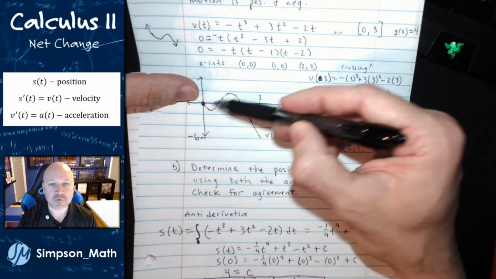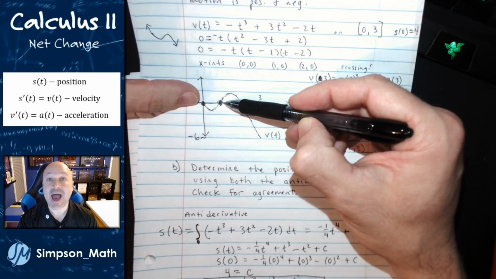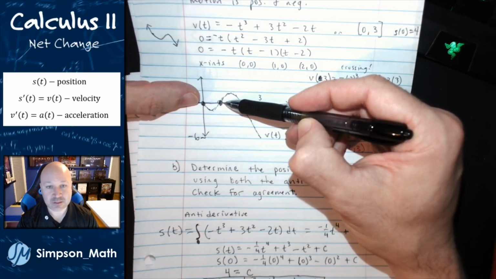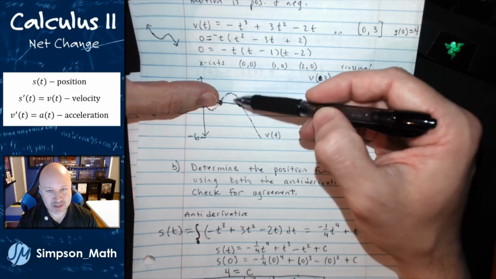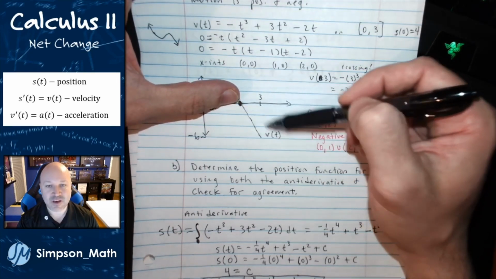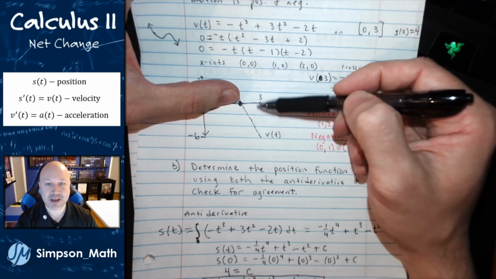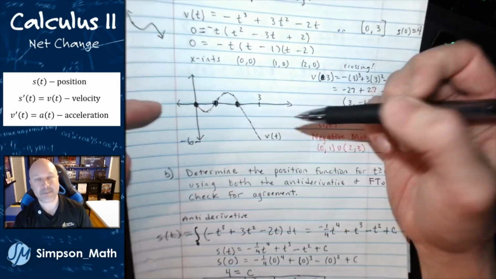I need to go from 0 to 1, integrate that, absolute value that, or somehow make that area positive. Do that again from 1 to 2, it will be positive. And then from 2 to 3, I need to do that again and absolute value that as well, because it's going to calculate as negative, and I want the total distance, so I need to make all these areas positive.